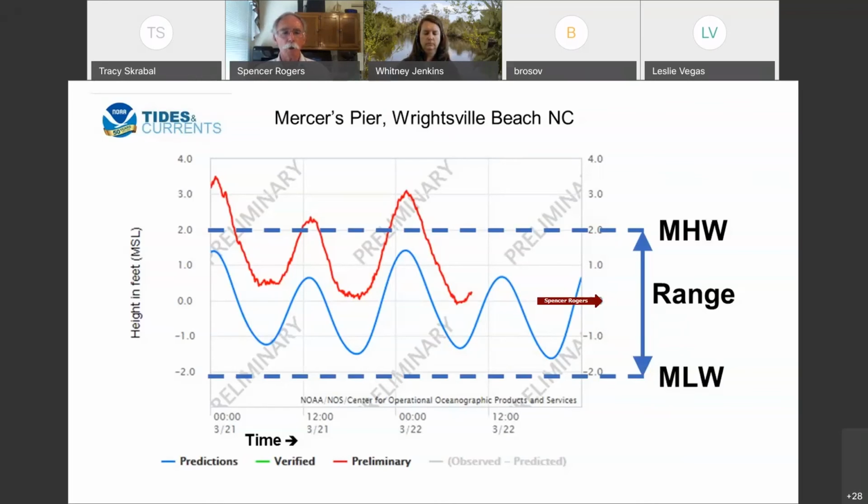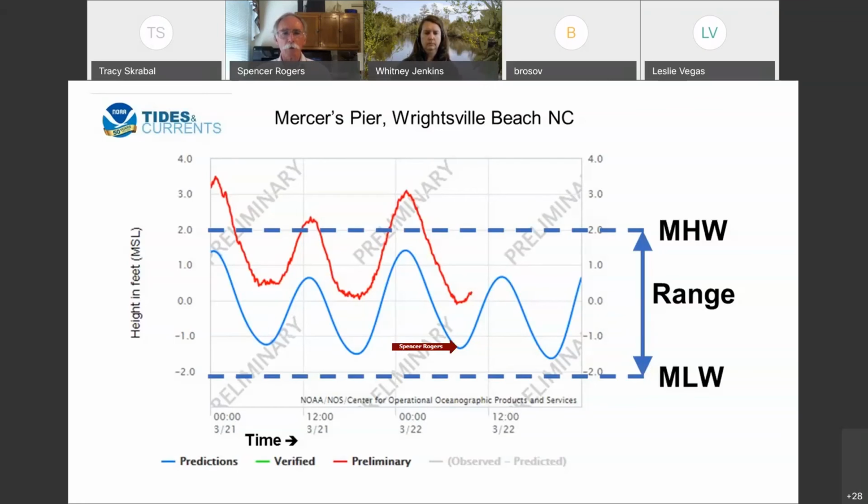Now, the other important feature is that the tides are based on astronomical drivers, the sun and the moon and gravity, and they're the best predictions available, but they're not the local tide range, because on any given day there are significant wind and pressure components affecting what the actual water levels are. So on this particular day, there's a prediction down here that's a little above mean low water, about 3/4 of a foot.